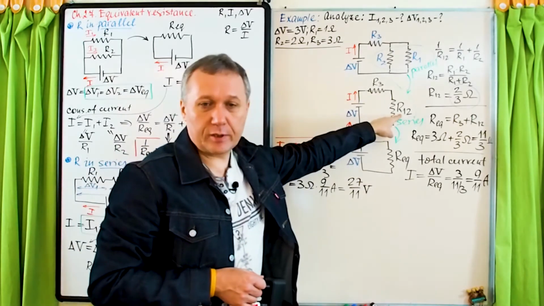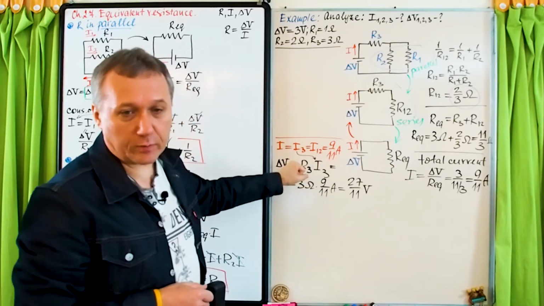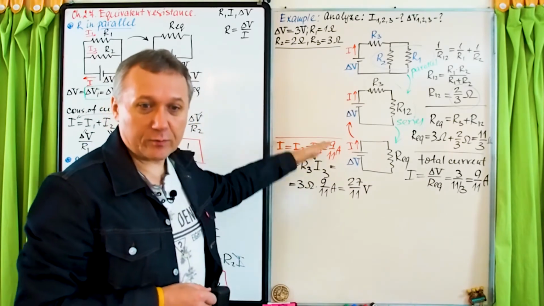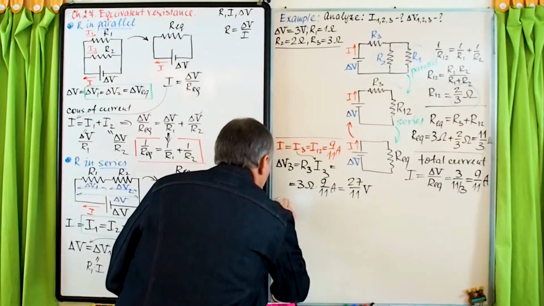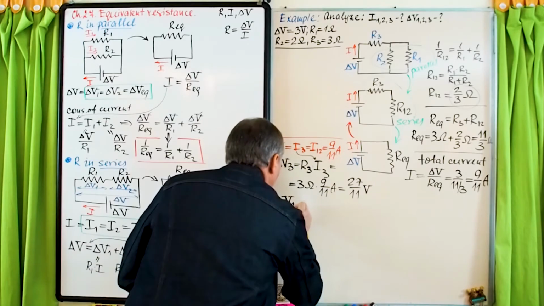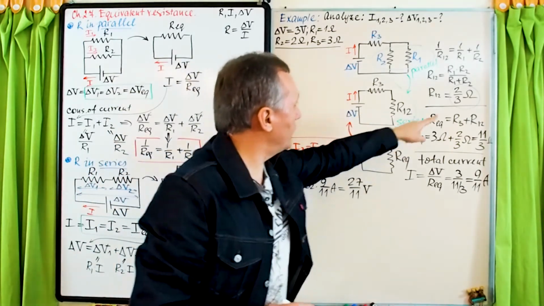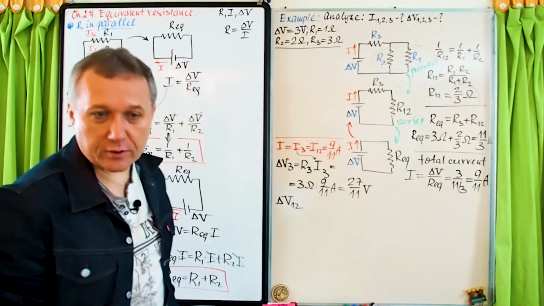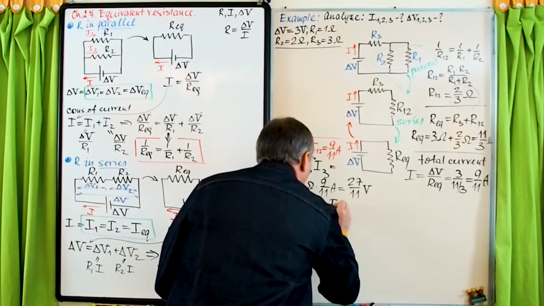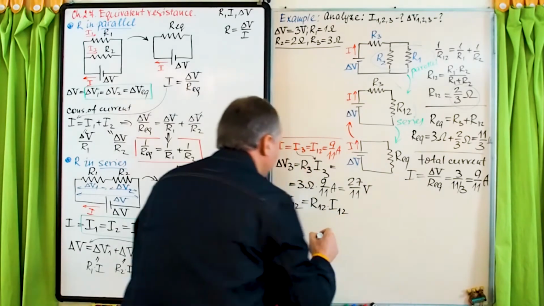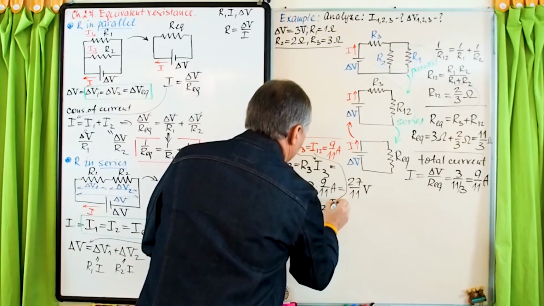But it's not the whole story. We still have plenty of information inside of R12. So now let's first define the potential difference across R12 in a similar way, and then we'll move to the next step, use the next bridge. So delta V12, because now we know current through that resistor and the value of R12, we can find the potential difference. Piece of cake. R12 times I12, and I12 comes from the bridge.